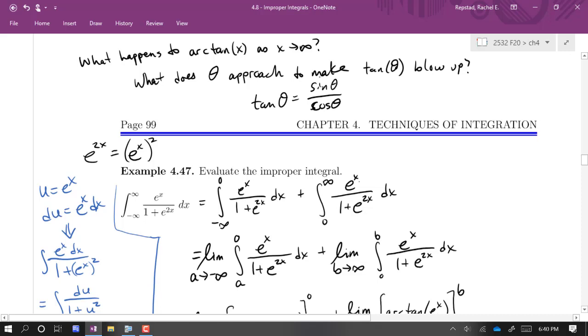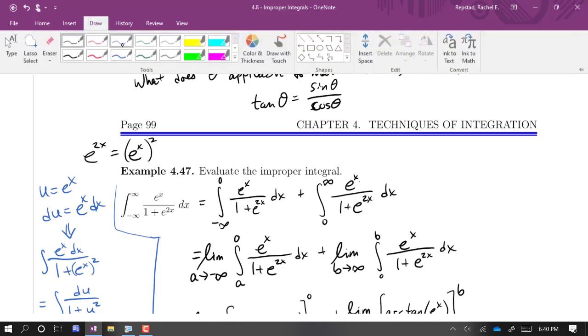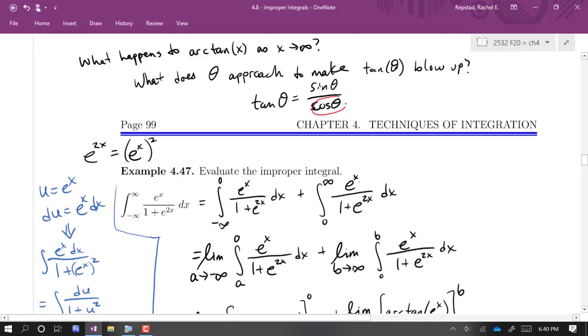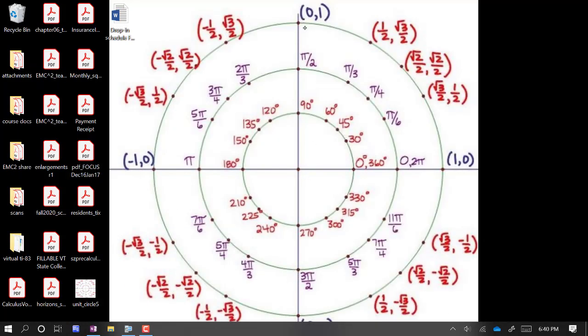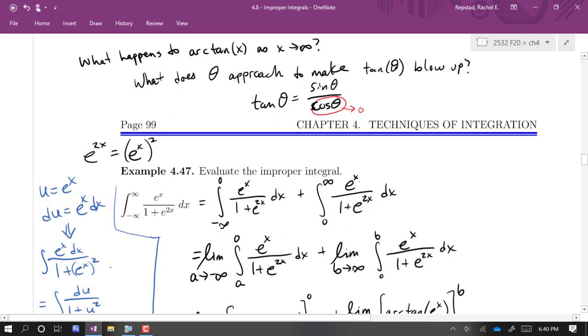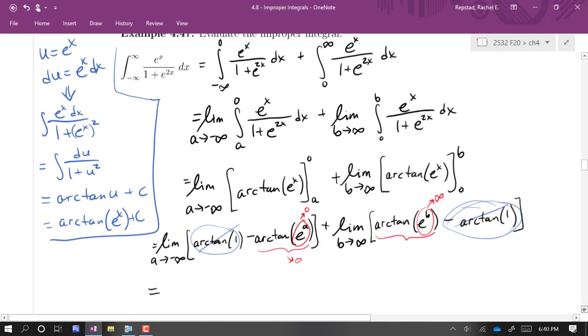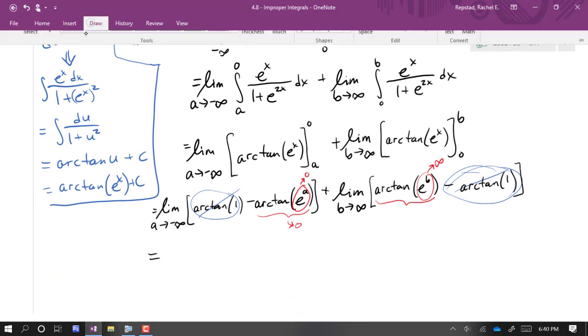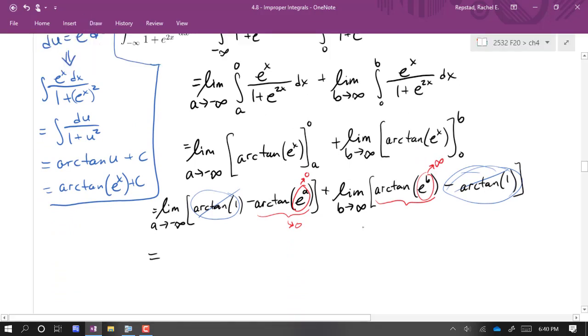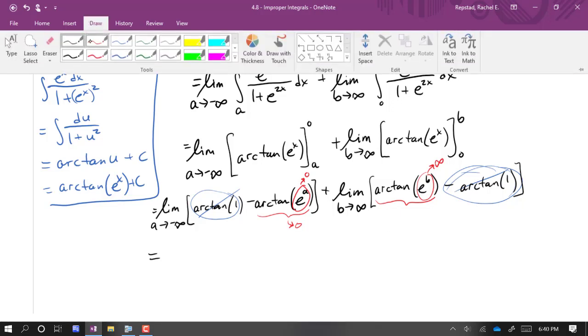So the only other way to make a fraction blow up is if the denominator approaches 0 and cosine approaches 0. That happens at the top of the circle. That's where the x-coordinate is 0. So that's at pi over 2. So that was a little bit of work to convince ourselves why the arctan, this piece, approaches pi over 2.